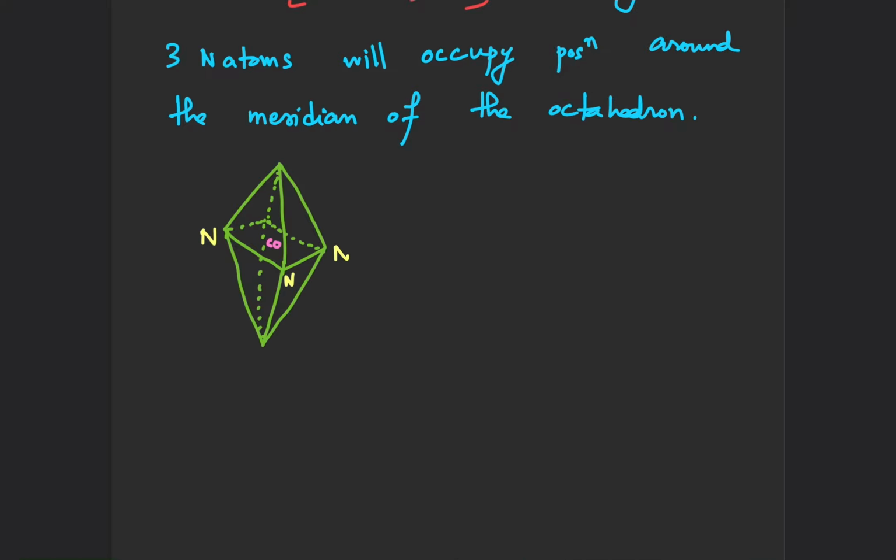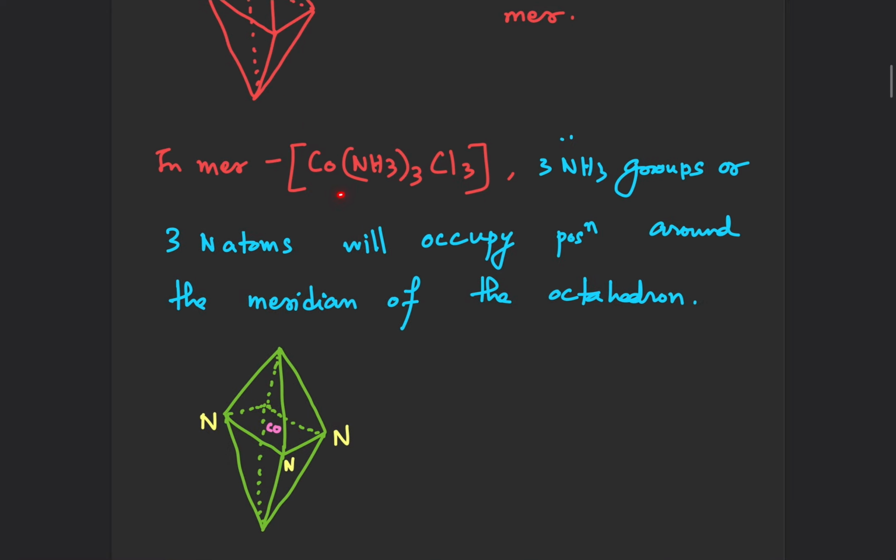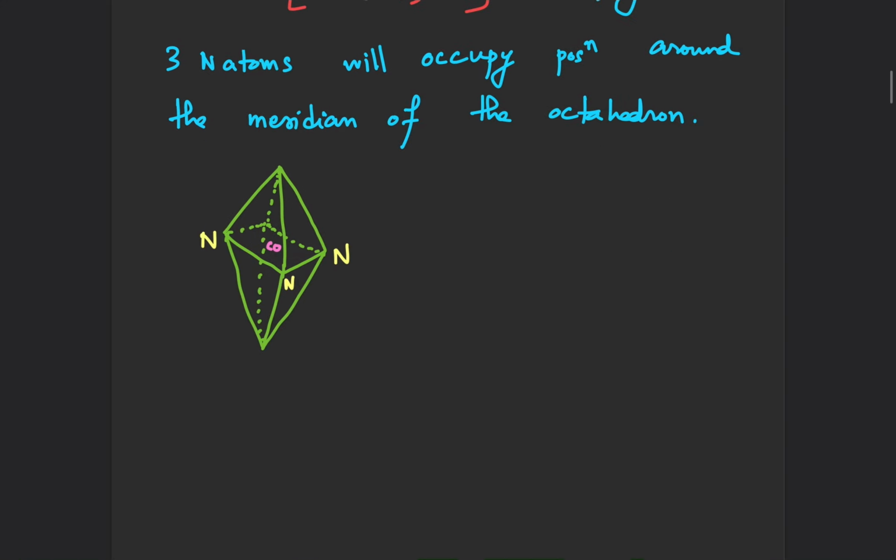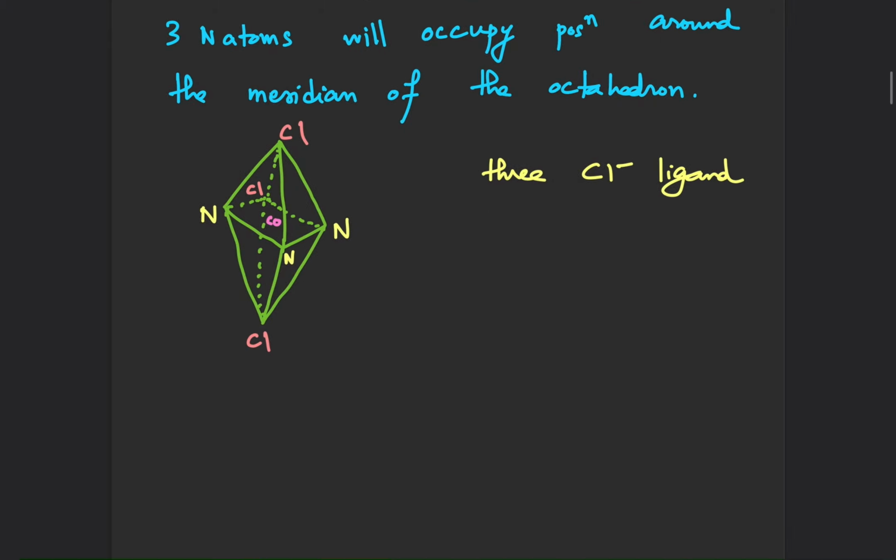You can see N is at opposite positions of cobalt, and that's why it is known as the trans form also. Out of 6 ligands, we are left with 3 Cl minus ligands, so keep them at the remaining vertices, one Cl here, the other here, and the other here.